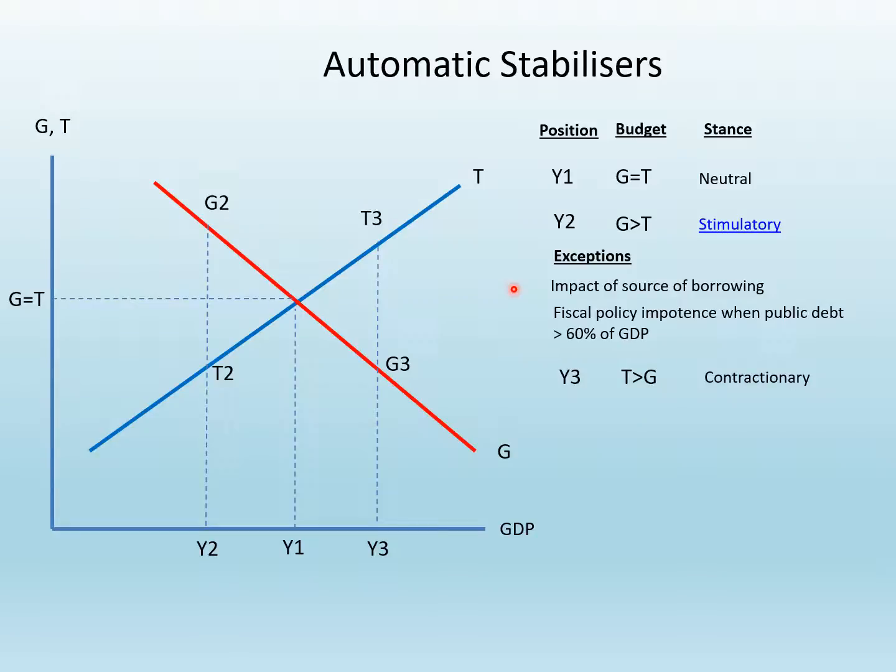The second exception that you can have with the tale we're telling here is if you have a situation where your public debt is simply too high. The Japanese case and most of Europe.